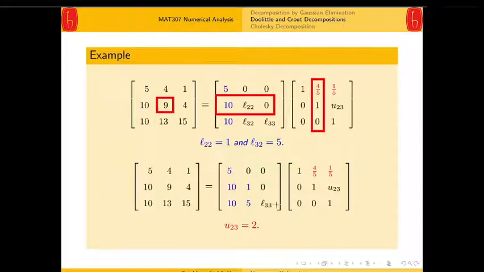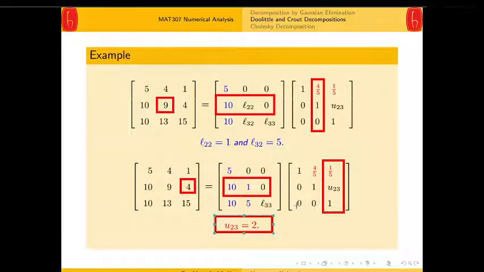Here we have U23, so we need to find it. We can multiply this row with this column. Then we will have 2 plus U23 is equal to 4, so U23 is equal to 2. We substitute this number here.